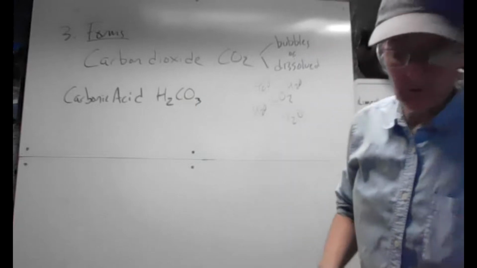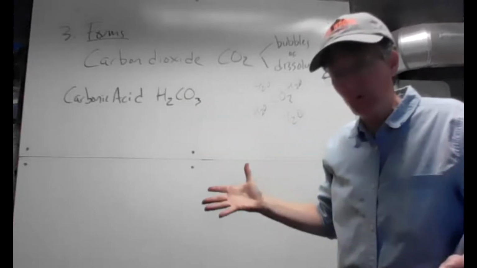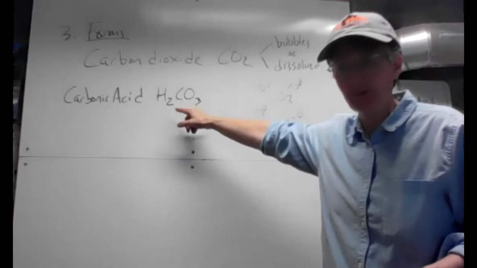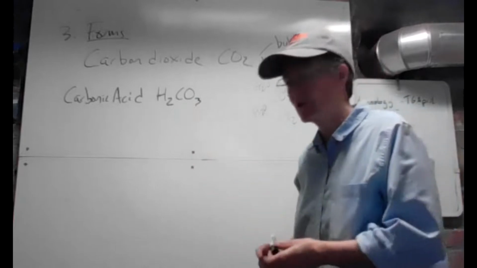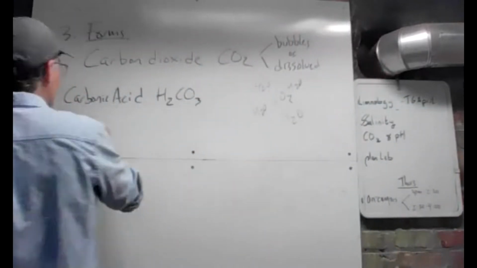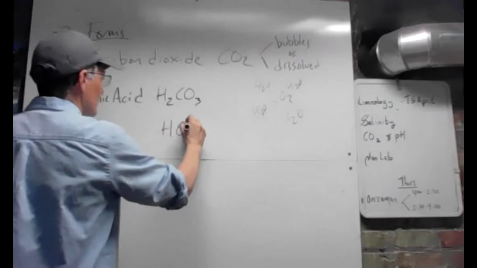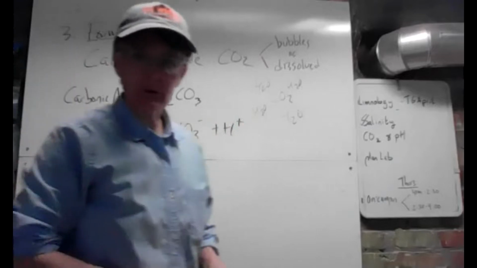Now, this is an acid because when you put it in water, it doesn't actually hold on to those protons very well. It holds on to the oxygen really well, but not the protons. So it tends to break apart into this molecule, releasing one of the protons.